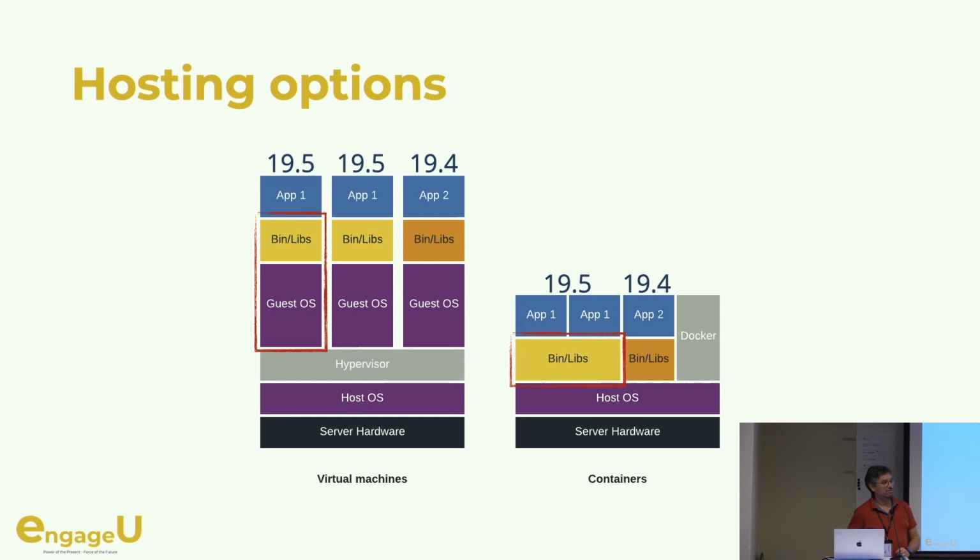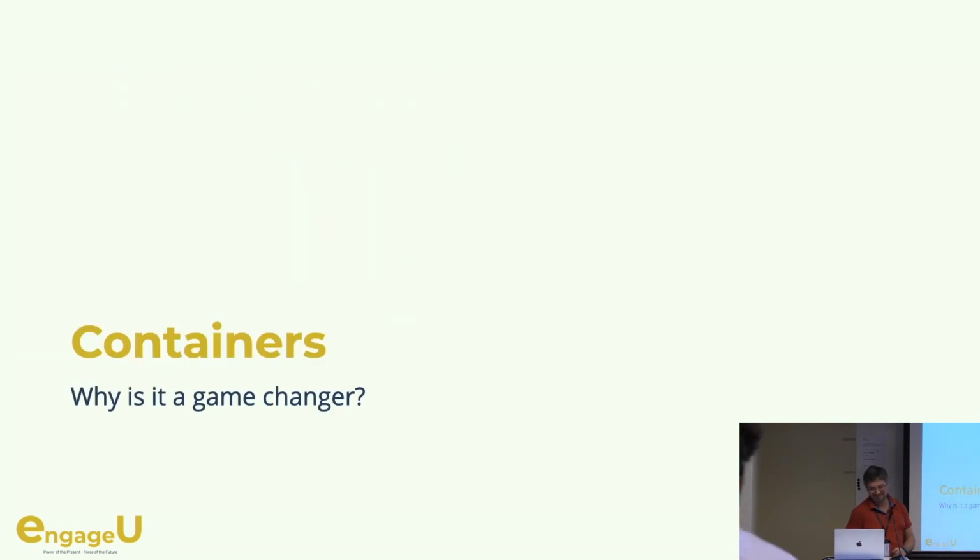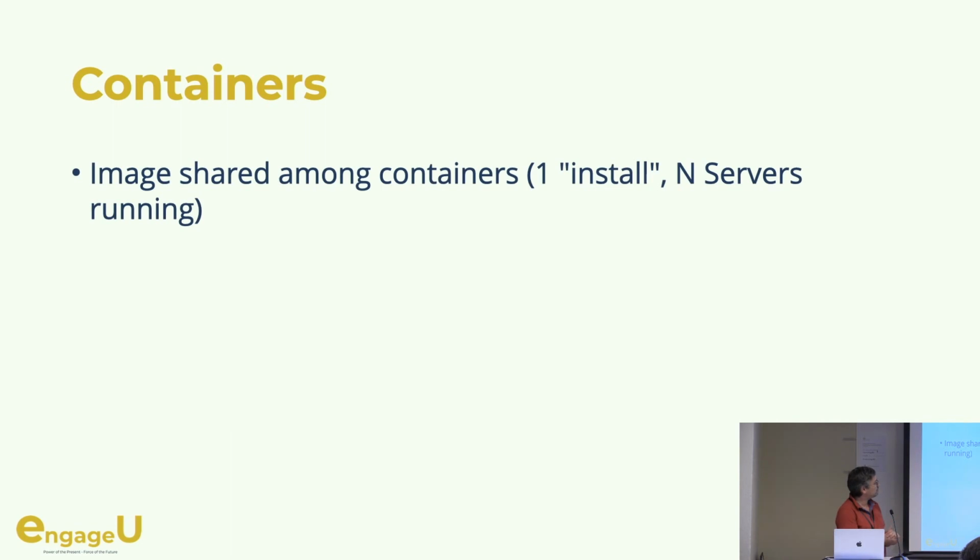Is it okay for you? So why does it change things? I think you guess that because of all the resources you release by not using virtual machines, you have the images that are shared among all containers, one FileMaker installation, and multiple servers running.